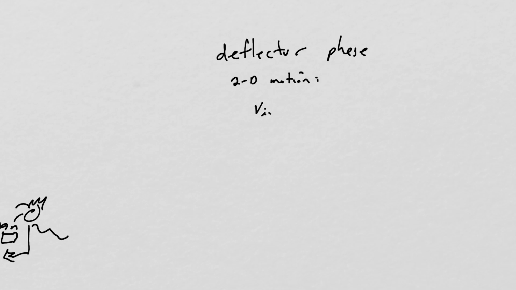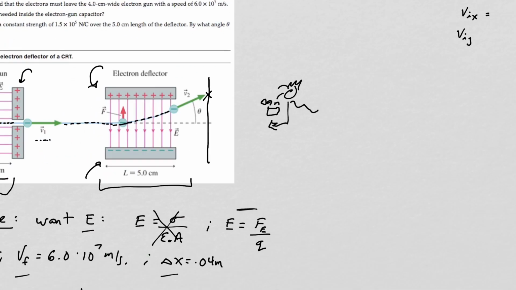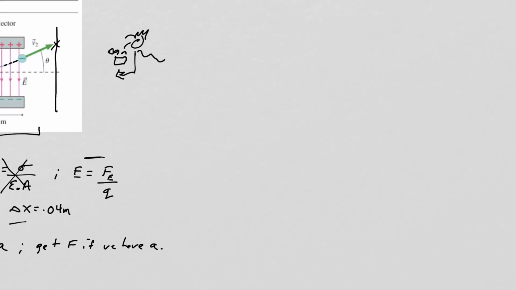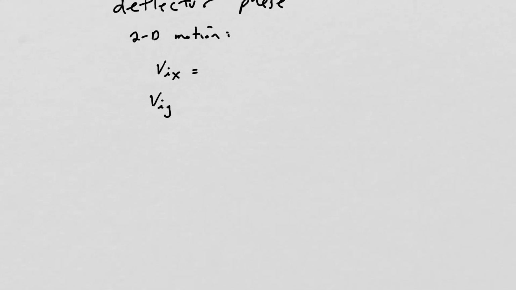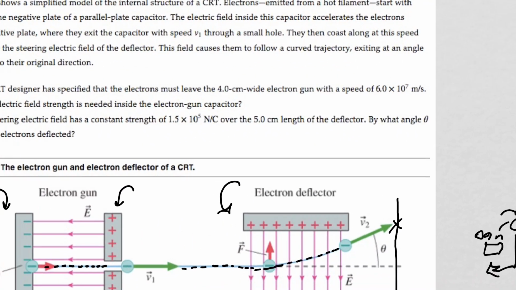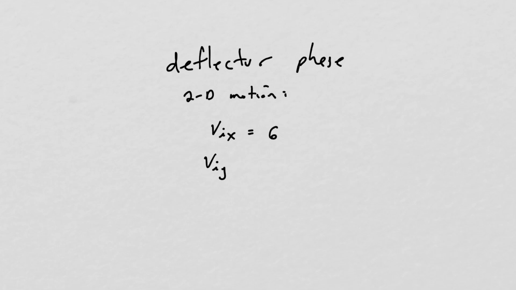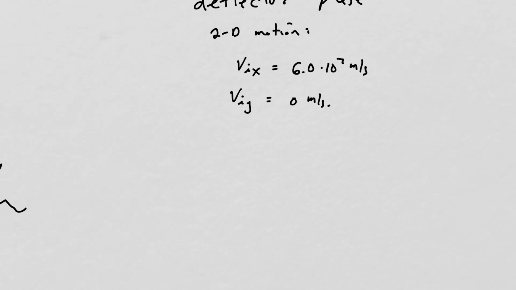It has a v initial in the x and it has a v initial in the y. Its v initial in the x is exactly the number that they told us before, the final velocity of the gun phase, which was the 6.0 times 10 to the 7. The initial velocity in the y direction is 0 because it comes out moving only in the x direction.